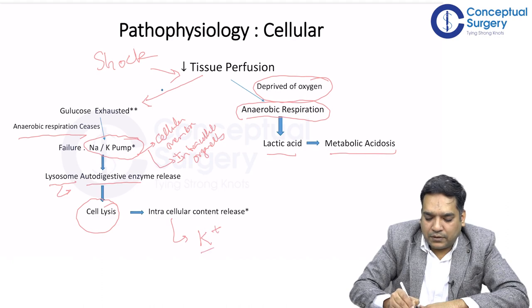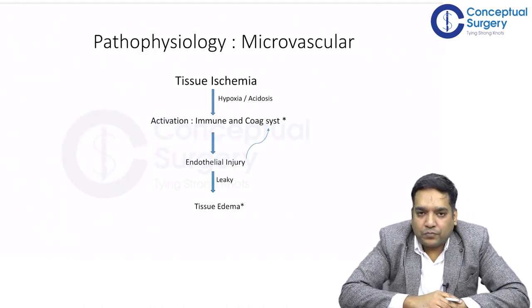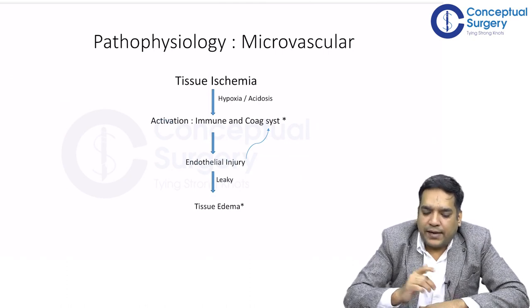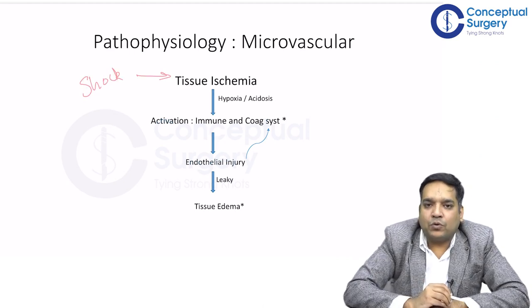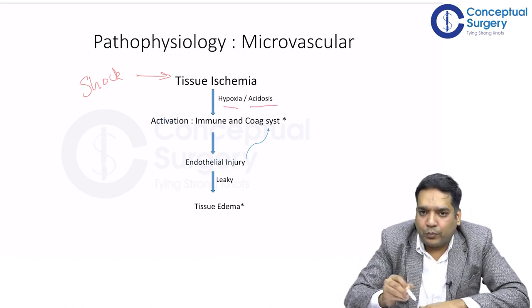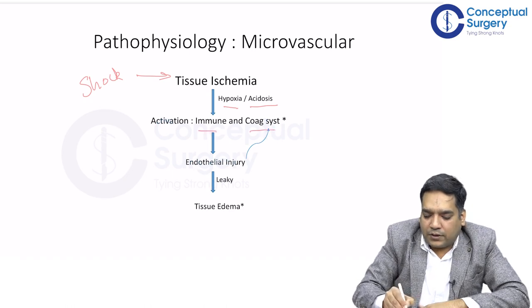Just remember this. Moving on to the pathophysiology of shock at the microvascular level. It is seen that tissue ischemia, which has happened due to shock, leads to acidosis and hypoxia. Both these factors activate the immune and coagulation system.